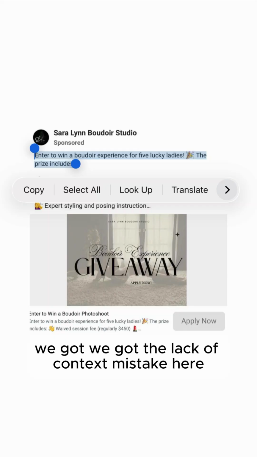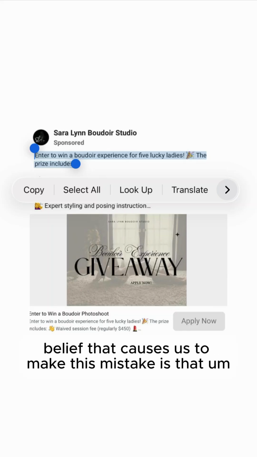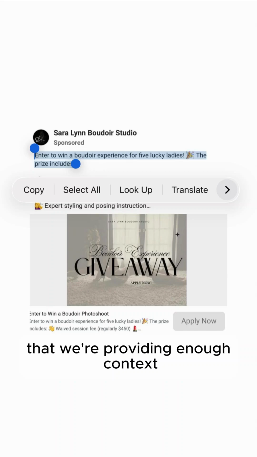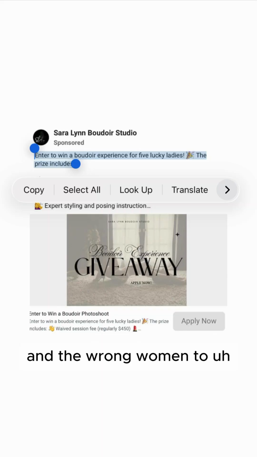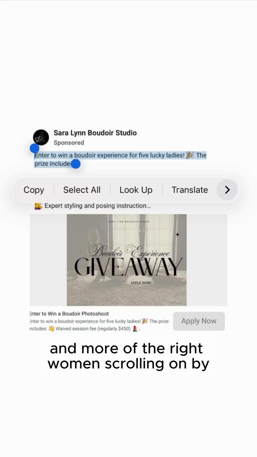All right, so we've got the lack of context mistake here, so we're missing context. The false belief that caused us to make this mistake is that we believe we're providing enough context for the right women to click in and the wrong women to scroll on by. But actually, we're going to get more of the wrong women scrolling on by and more of the right women scrolling on by.